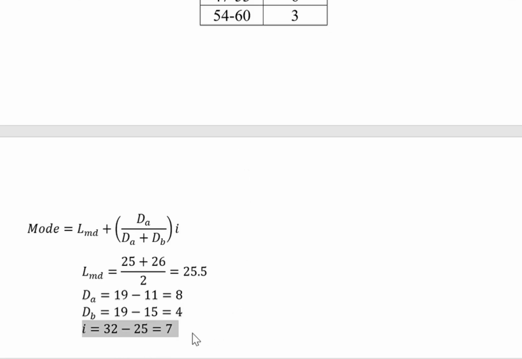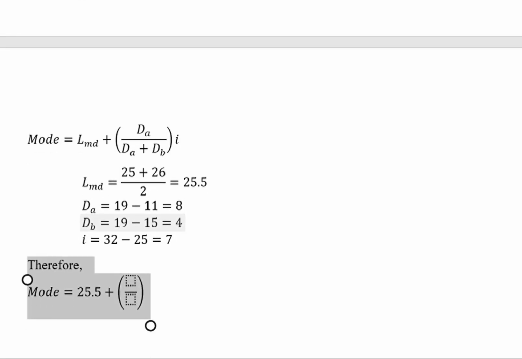So having this now, we can calculate our mod by saying mod is equal to the lower class limit, which we have calculated to be 25.5, is the one we put here, plus dA. Our dA has been calculated and found to be 8, over dA plus dB.